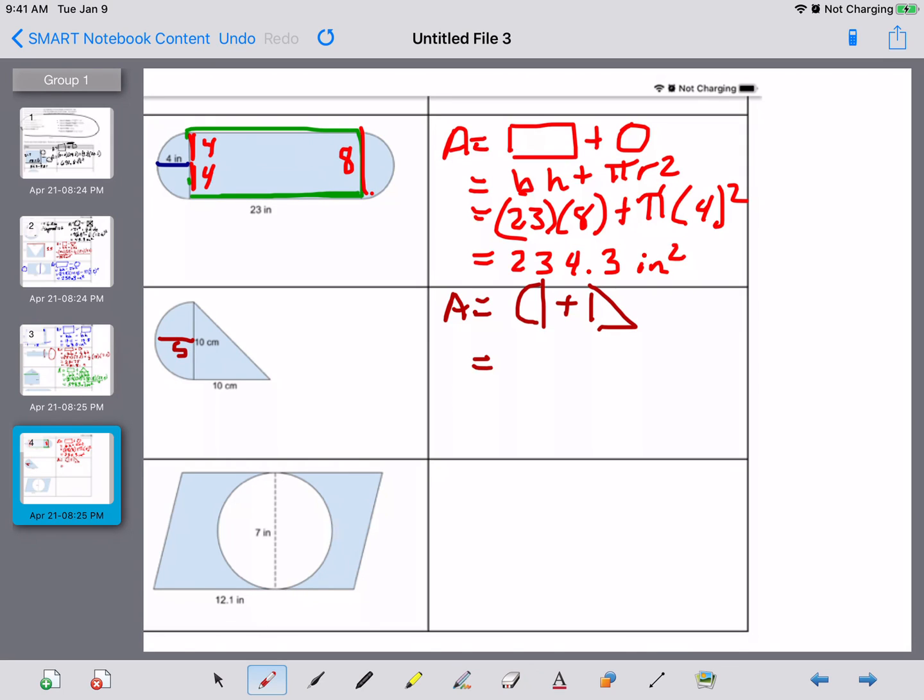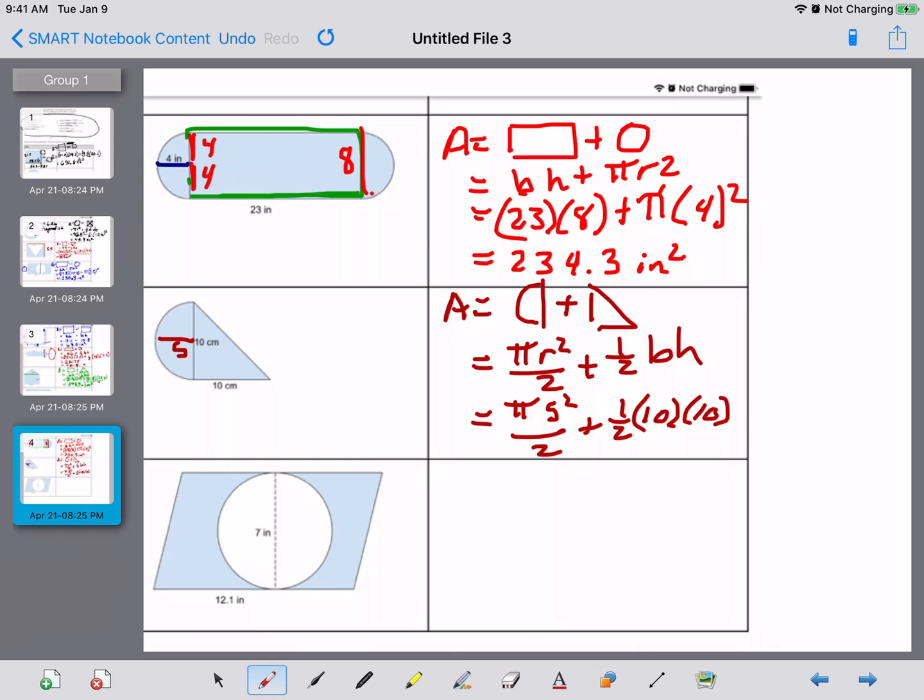So I got pi r squared divided by 2 plus 1/2 base times height. Well, my radius is 5. I got my 1/2 base times height for my triangle. And I'm going to get these things done.